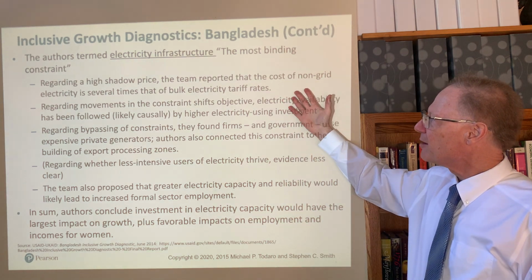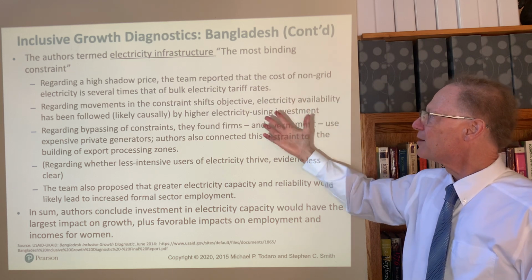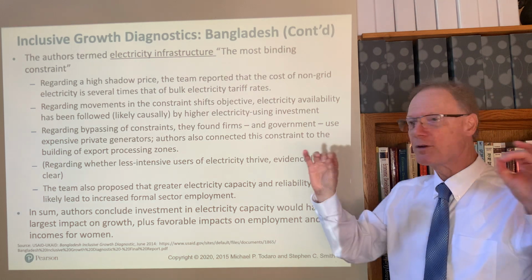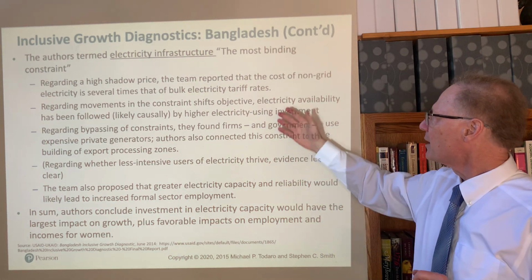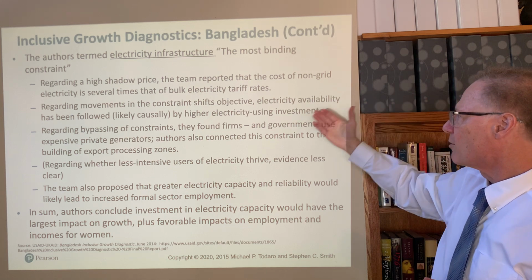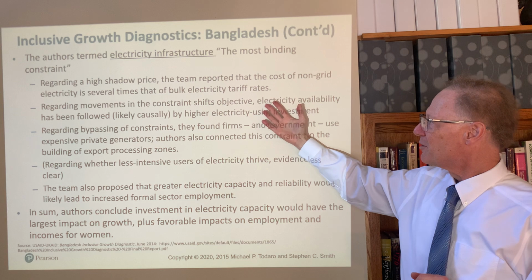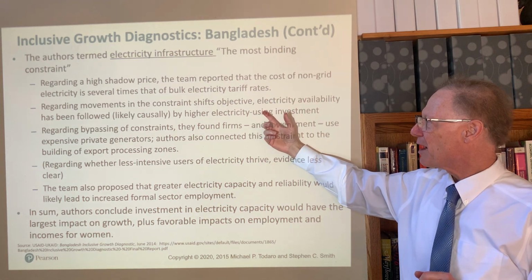First of all, with respect to the high shadow price, the team found that if you purchased non-grid electricity, it was several times that of bulk electricity in particular. So that's off the grid. Let's get to other aspects of that in a moment.